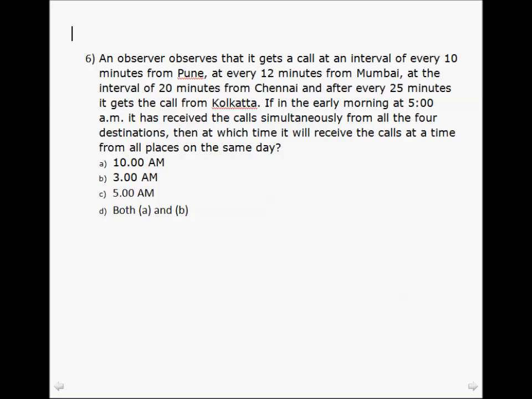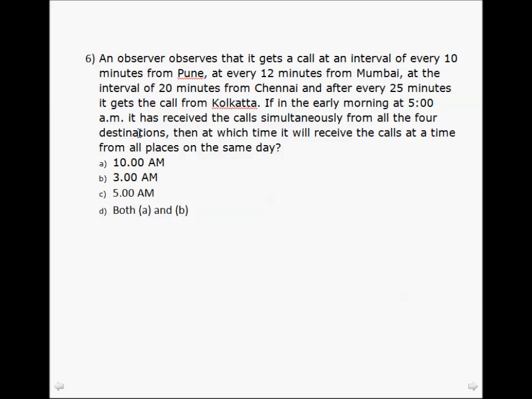An observer observes that it gets a call at an interval of every 10 minutes from Pune, at every 12 minutes from Mumbai, at an interval of 20 minutes from Chennai, and after every 25 minutes from Kolkata. If in the early morning at 5 am it receives the call simultaneously from all the 4 destinations, then at what time will it receive the call from all the places on the same day?